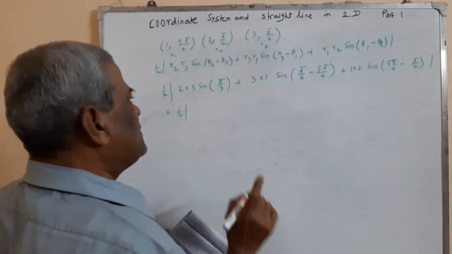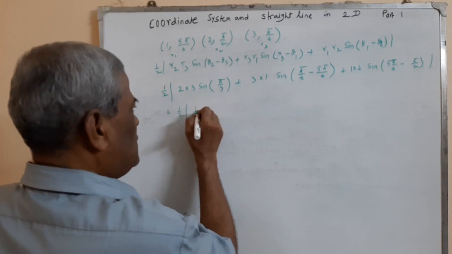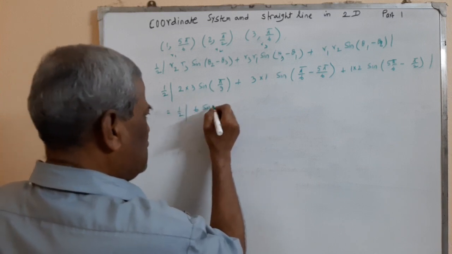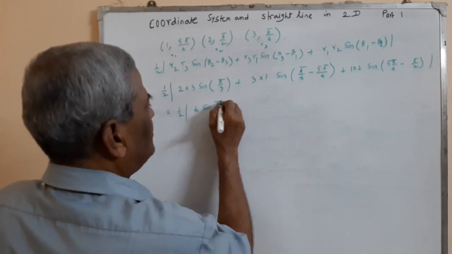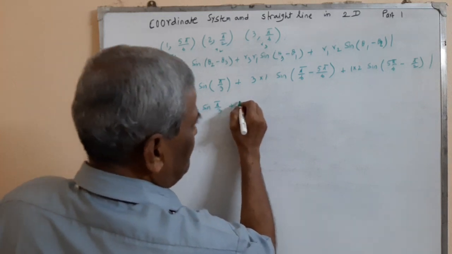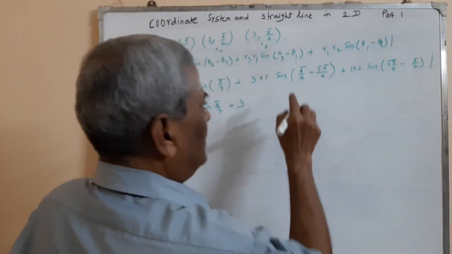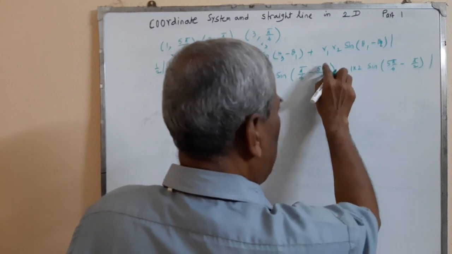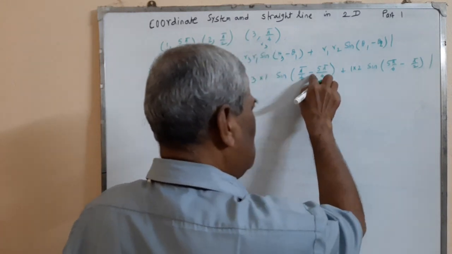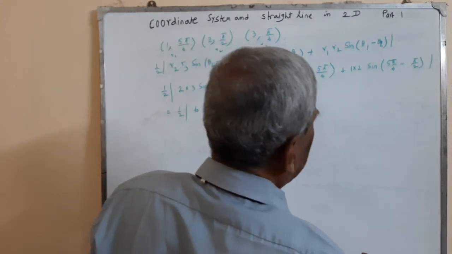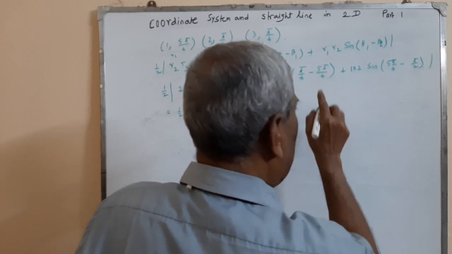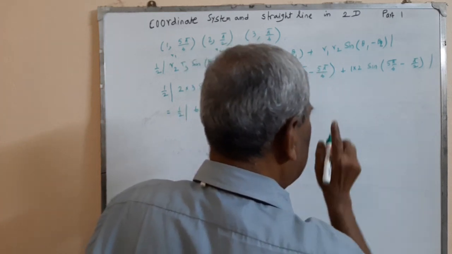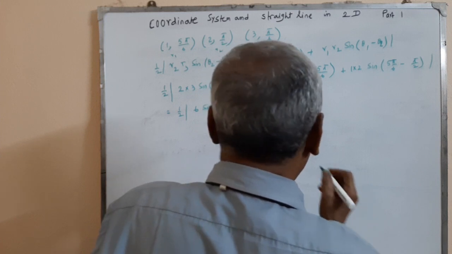Now I think you can simplify it. 6 into sine of 60 degrees, plus 3 into sine of (pi by 6 minus 5 pi by 6), which is negative 4 pi by 6, that is 2 pi by 3.